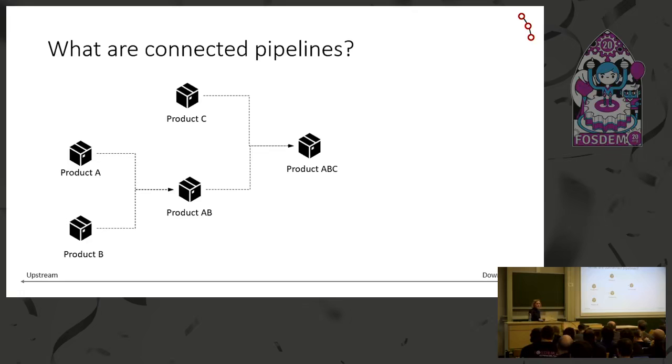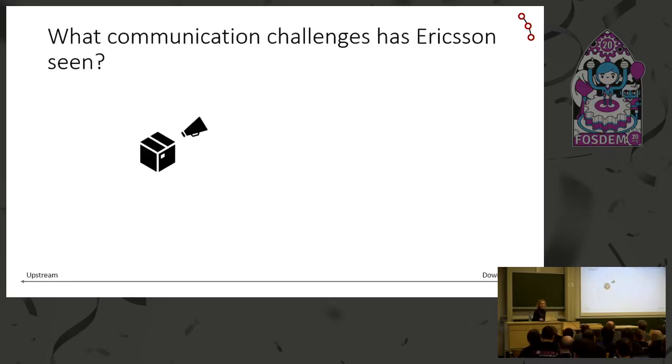So I've tried to summarize into a few questions what the exact challenges we see are. What are the problems that we need to solve? One thing is when we use different pipeline environments, how do we communicate about when our product has been delivered or released? Let's say our product A is done here. How does somebody downstream become aware of this?